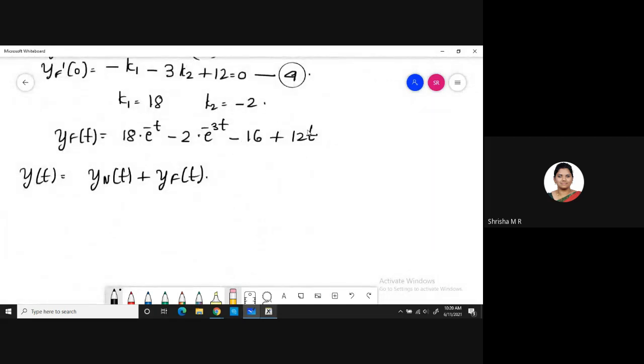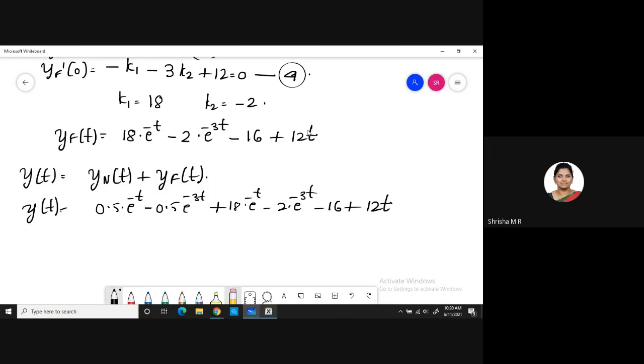Got it? So that would be 0.5 into e power minus t minus 0.5 into e power minus 3t plus 18 into e power minus t minus 2 into e power minus 3t minus 16 plus 12t. This is your total response. Got it, everyone?